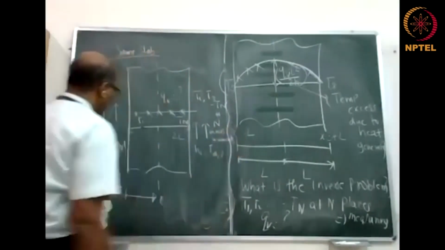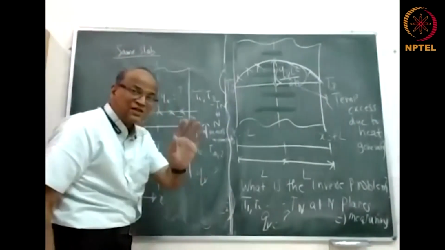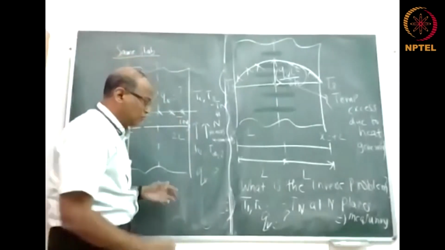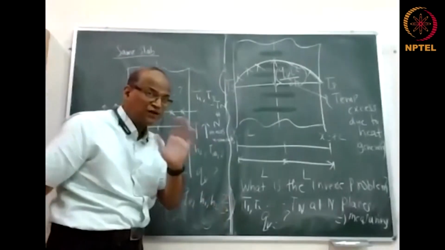From these n measurements, suppose I ask what is QV? This is a simple inverse problem. Suppose, can you tell me what is QV, H1, H2? This is a tougher inverse problem.